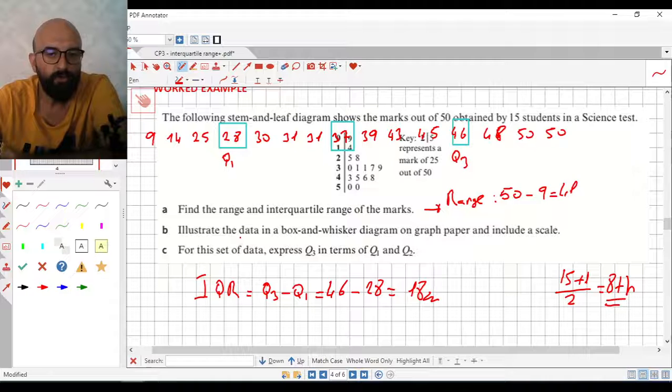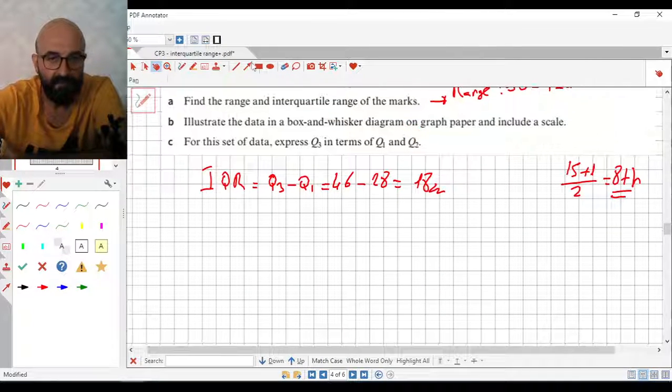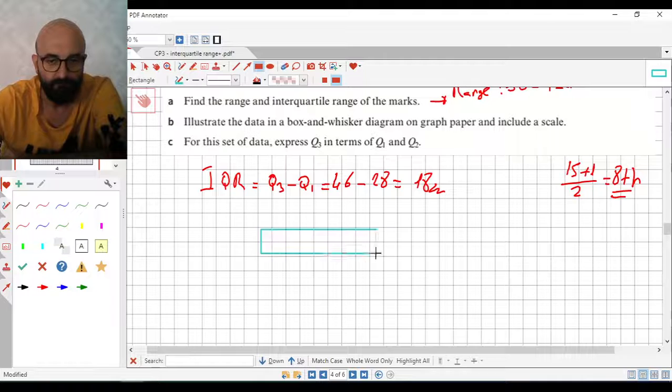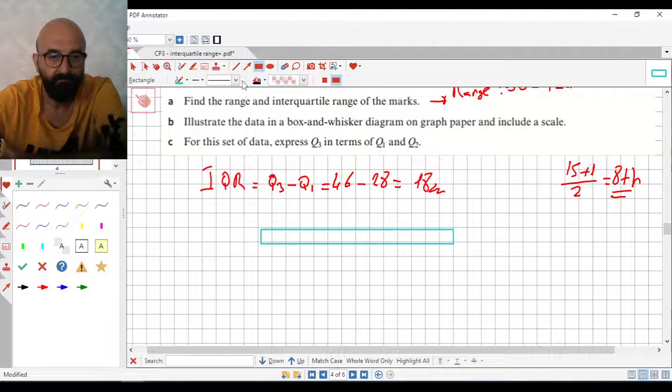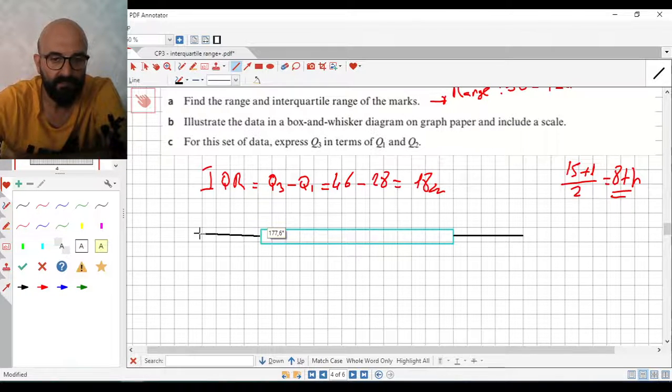Okay, illustrate the data in a box and whisker diagram on graph paper and include a scale. Now we will draw the box and whisker diagram.